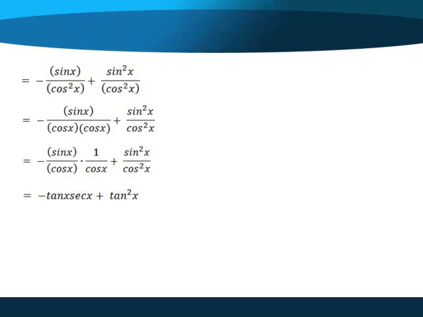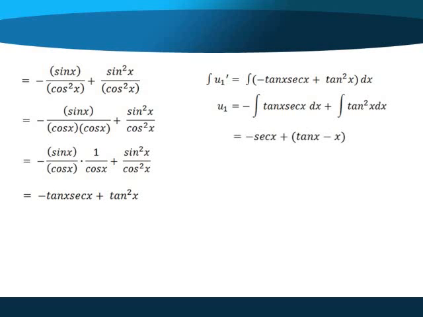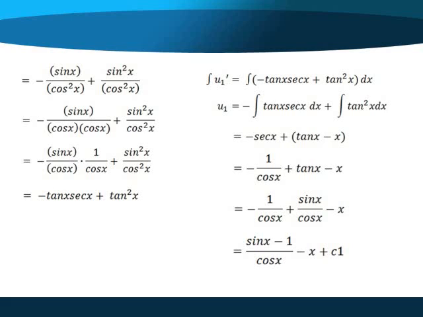The second term, sine squared x over cosine squared x, is just equal to tangent squared of x. Now that we already transformed u1 prime into something that is integrable, we now integrate it. So we have our u1 equal to sine x minus 1 over cosine x, this term minus x plus some constant c1.